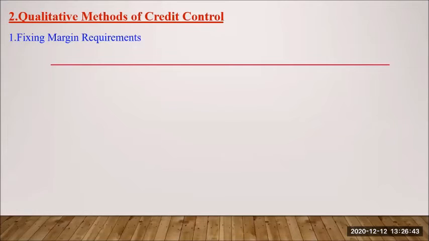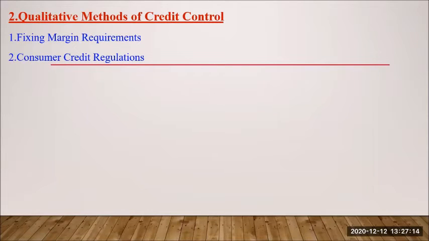So by fixing the margin requirements, the RBI can control the credit creation of commercial banks. Second one, consumer credit regulations. Consumer credit regulations means under this method, the down payment, installment amount, the loan duration, etc. will be fixed in advance.